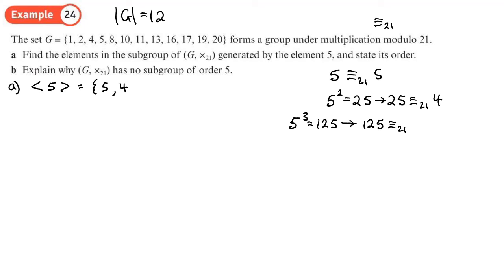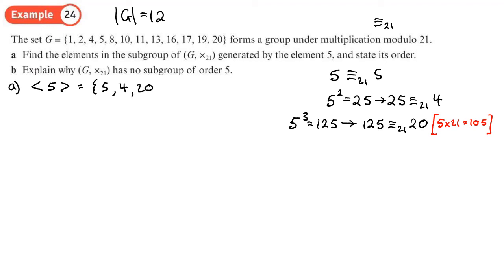Oh sorry, no, it's 105, isn't it? 105, it's a remainder of 20. Maybe I should write down the little calculations here. Yeah, 5 times 21 is 105, so I don't make that mistake. So the next element is 20.